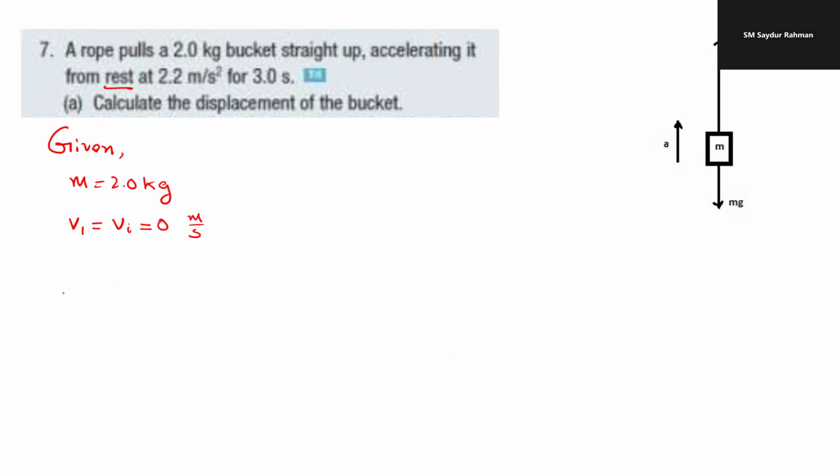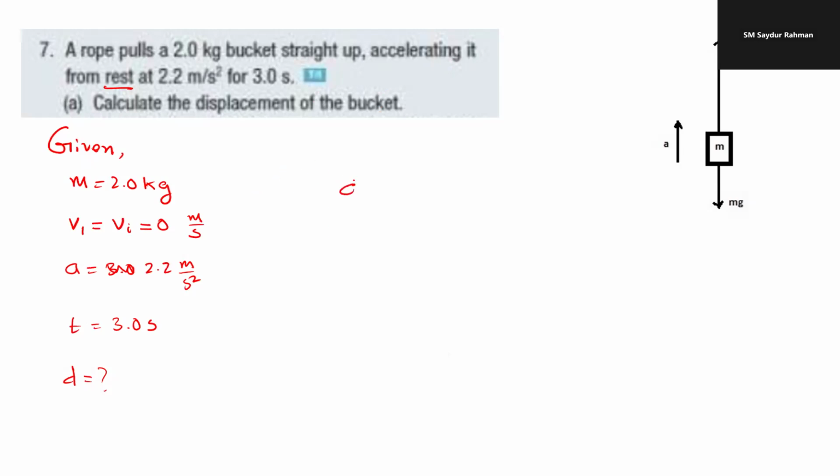Sorry, acceleration is 2.2 meter per second square, and time is 3.0 second. So in this question, we have to find the displacement. We have to use our knowledge of the 5 big equations from kinematics to figure that out. So let's see how we can do this.